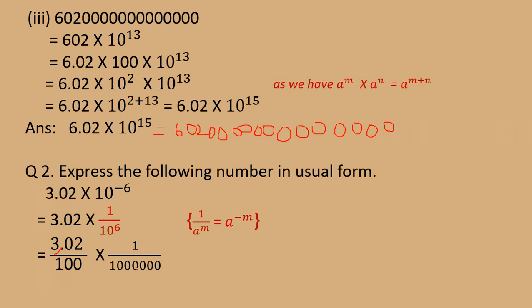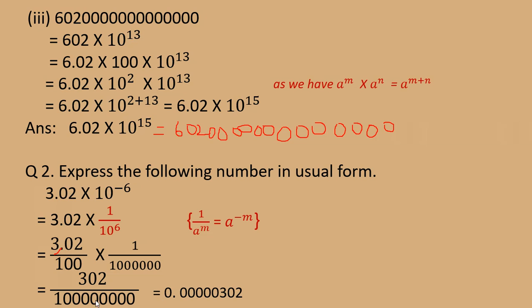Now multiplying these two denominators, the 6 zeros and these 2 zeros, we get 302 upon 1 followed by 6 plus 2, that is 8 zeros. When 302 is divided by this large multiple of 10, it becomes 0.00000302.